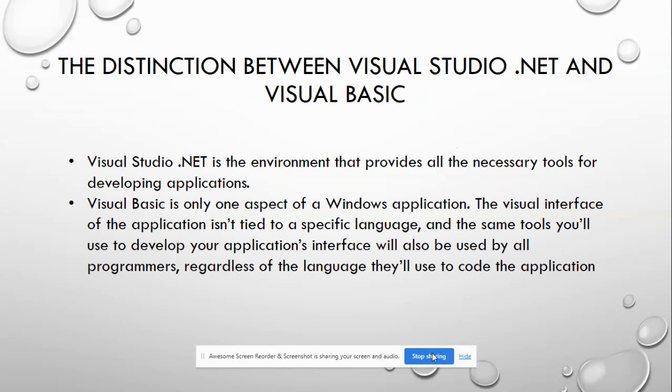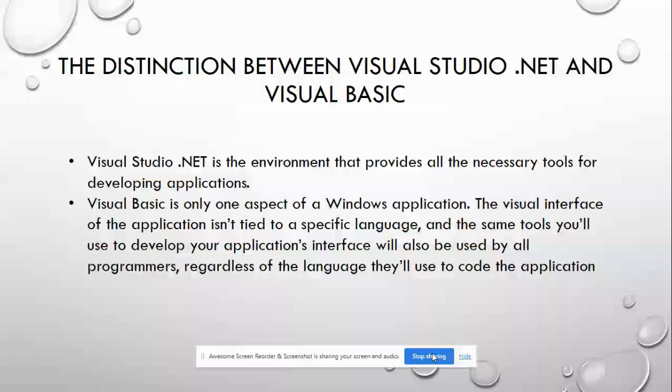Then, what is the distinction between visualstudio.net and Visual Basics? visualstudio.net is the environment that provides all the necessary tools for developing applications, whereas Visual Basic is just one of the programming languages that are used in Visual Studio.